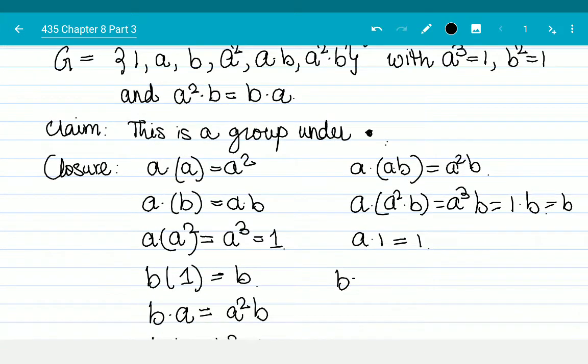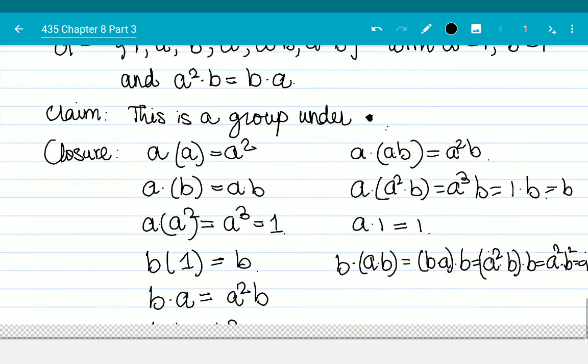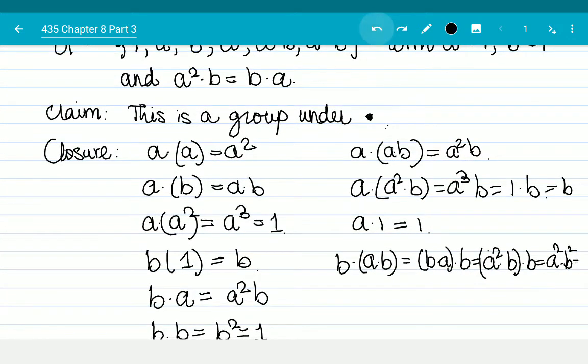Then b times ab is equal to ba times b, which is equal to a squared times b squared, which is equal to a squared times 1, which is equal to a squared.